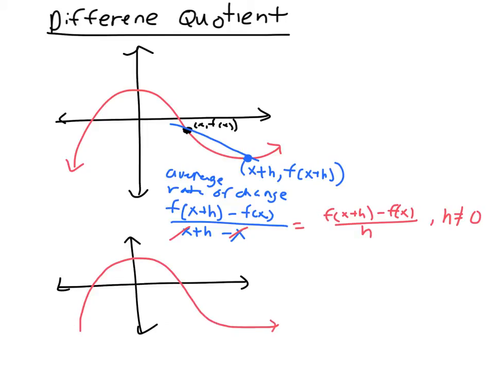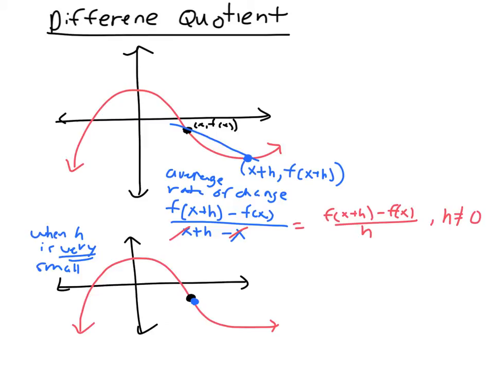If h were to become really small, and this is why the difference quotient is so important, the second point could get infinitely close to the first point. So when h is very, very small, these 2 points basically come on top of each other.